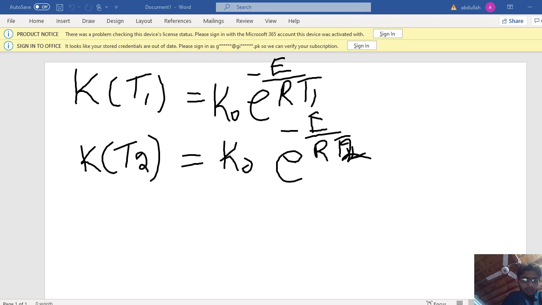Suppose this is equation 1 and this is equation 2.